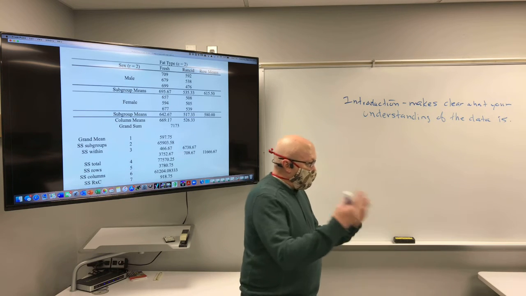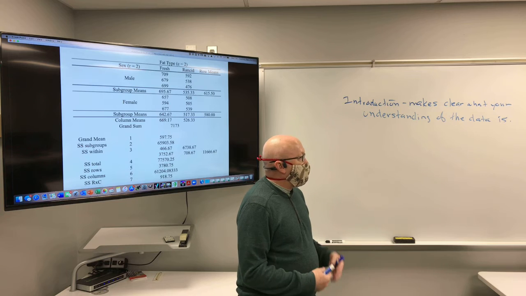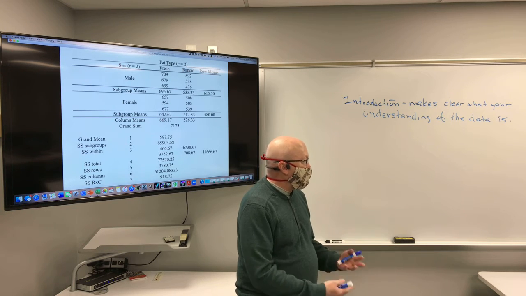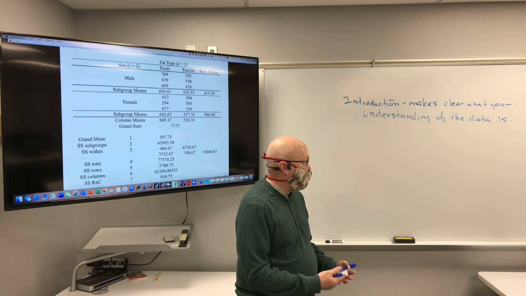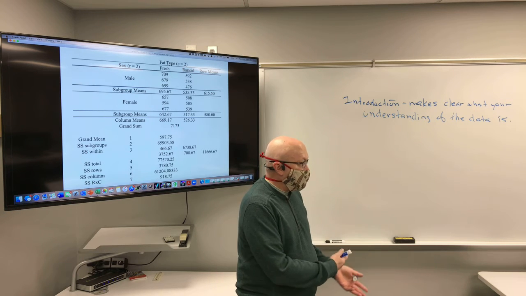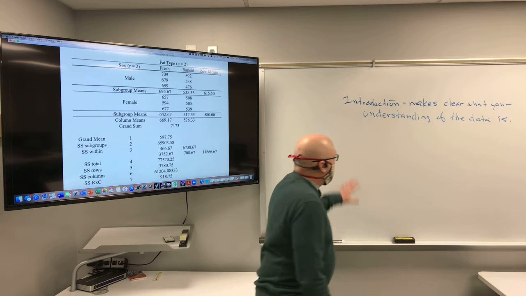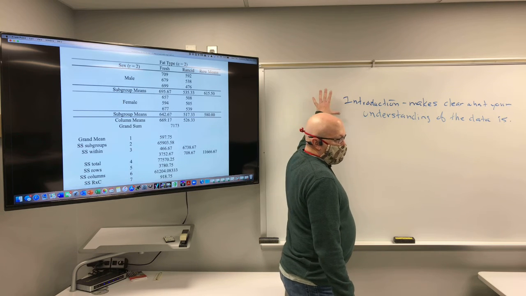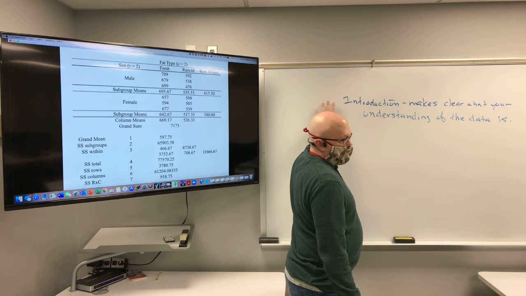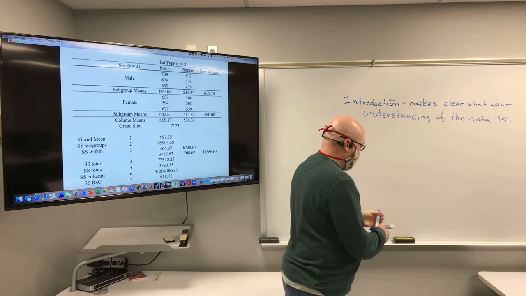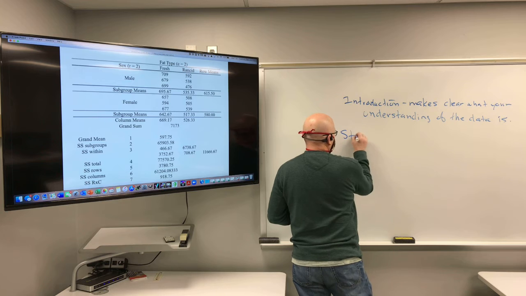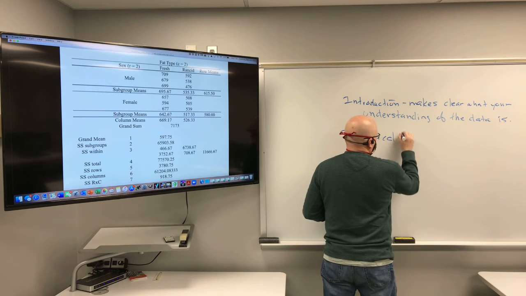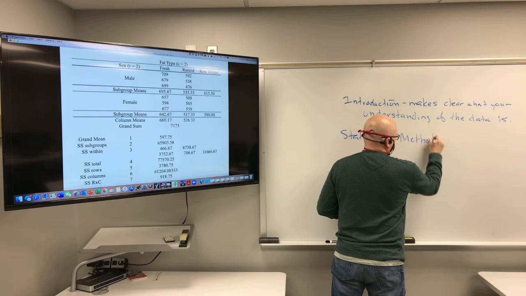So I try to get the best understanding that I can, and then I communicate that understanding back to them so that they can correct any of my misconceptions that might ultimately influence how I go about analyzing the data. So this first part is just stating, this is my understanding of what your data are and what you wanted me to do with them. Then there's the statistical methods. Given that understanding, this is what I did.